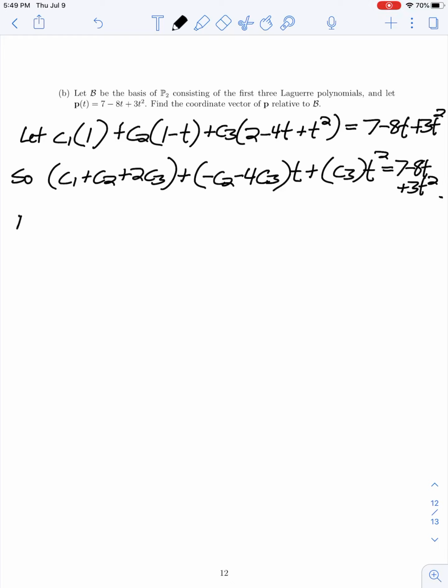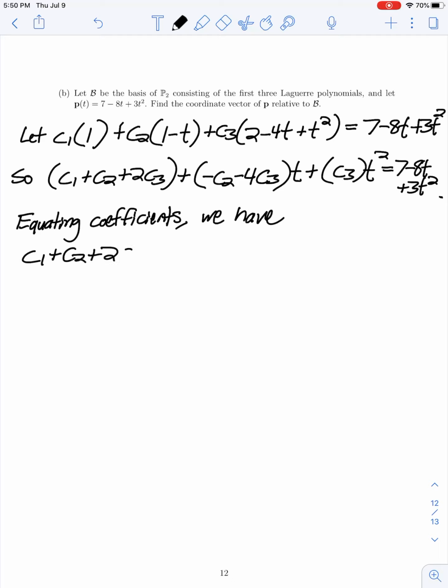So equating the coefficients, we have the following system of equations. C1 plus C2 plus 2C3 has to equal the constant coefficient of our polynomial, 7.